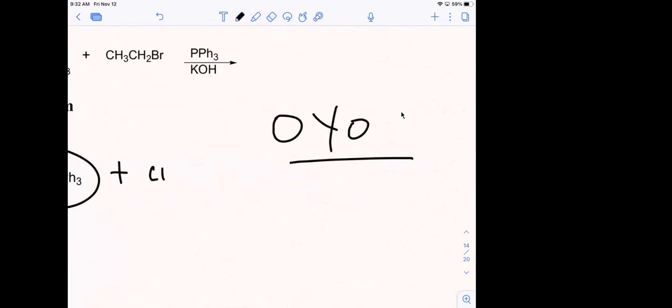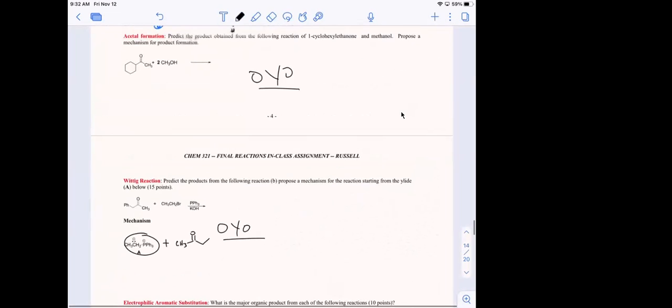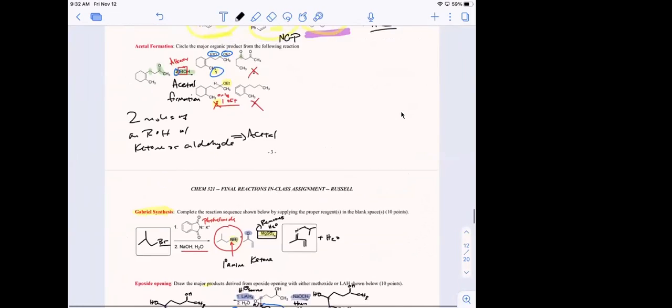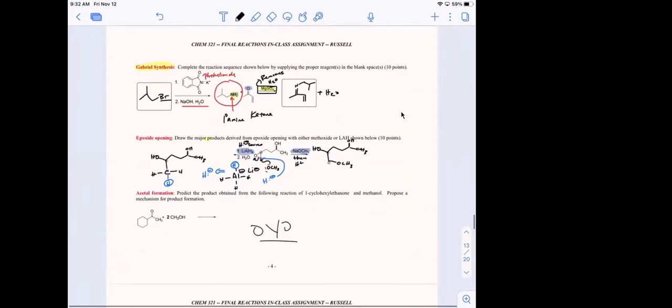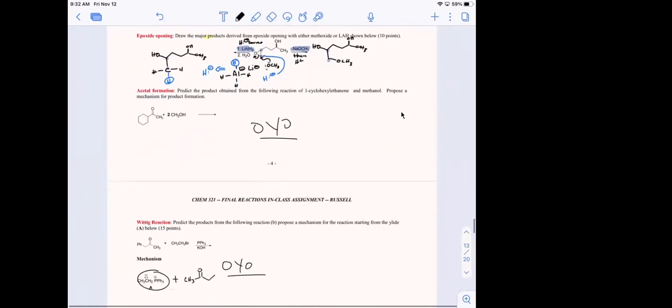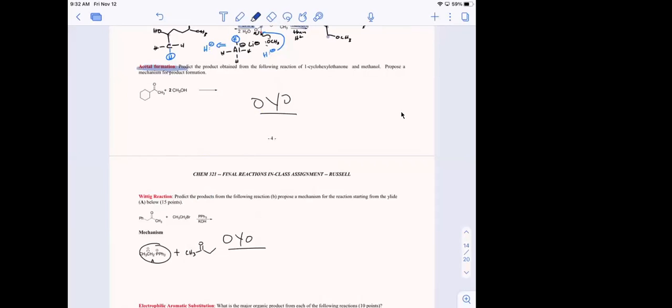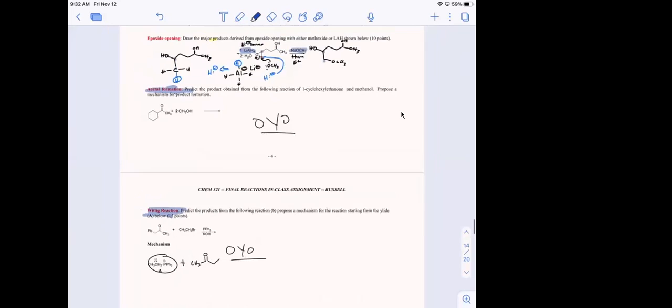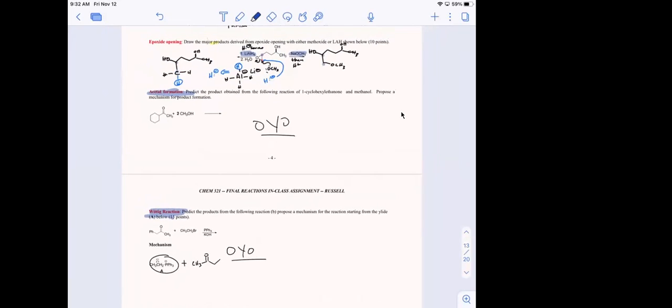Dr. Russell, do you think you can just swipe through which ones we're supposed to do on our own? Because I don't have those. It wasn't very many. So these two right here, the acetal reaction, and then the Wittig mechanism right here. Both of these are mechanism problems.